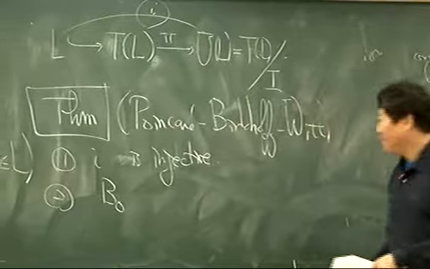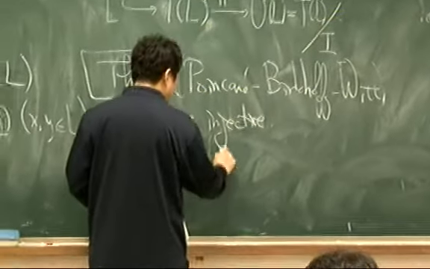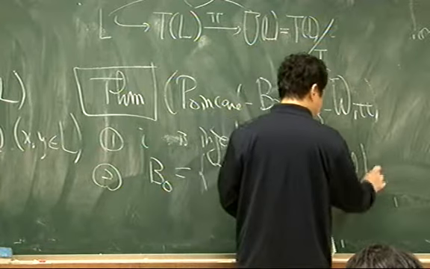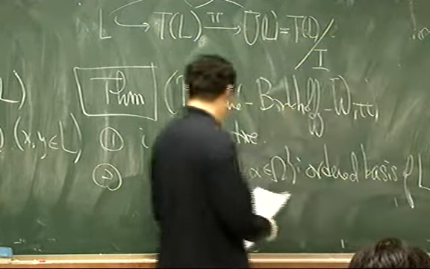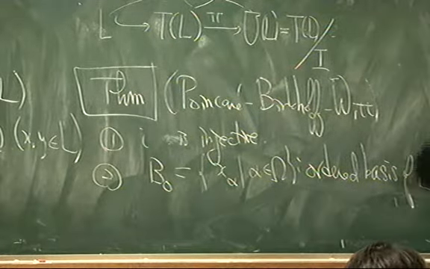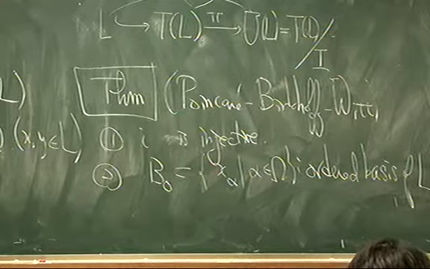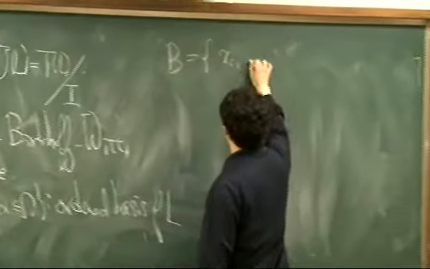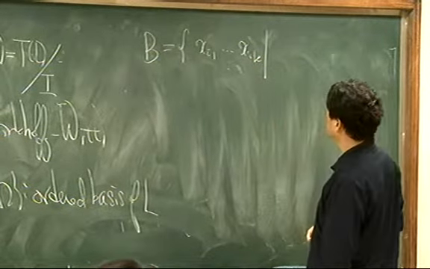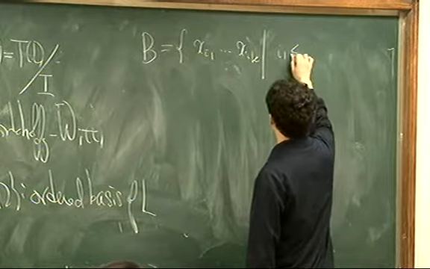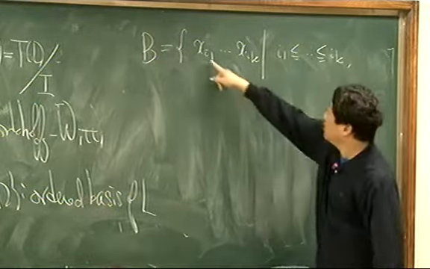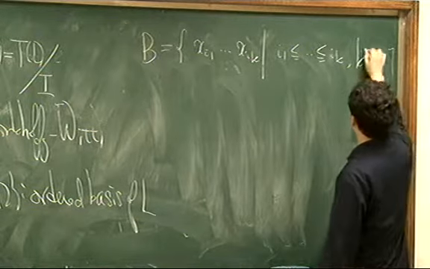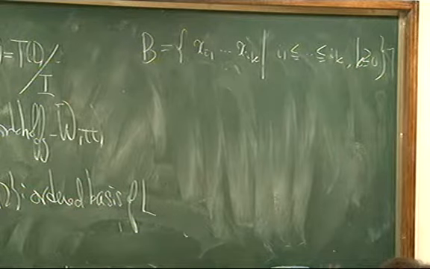I'm sorry. All right. Suppose B naught is an ordered basis, say indexed by omega, of L. Then consider ordered monomials of B naught, so the set of x_{i1} through x_{ik}, where i1 to ik are elements of the index set omega, and k is non-negative, so it contains 1 as an element.